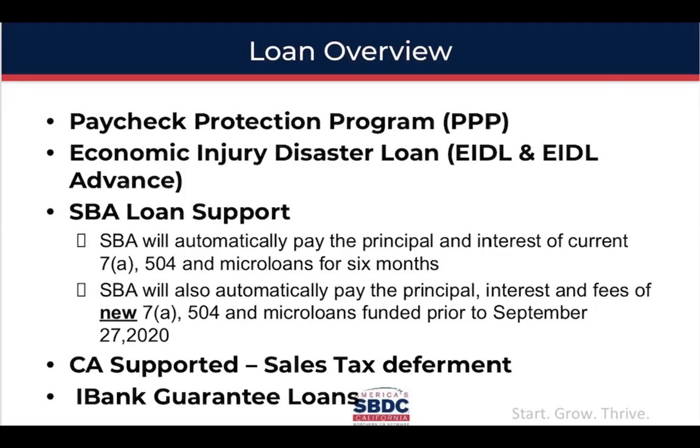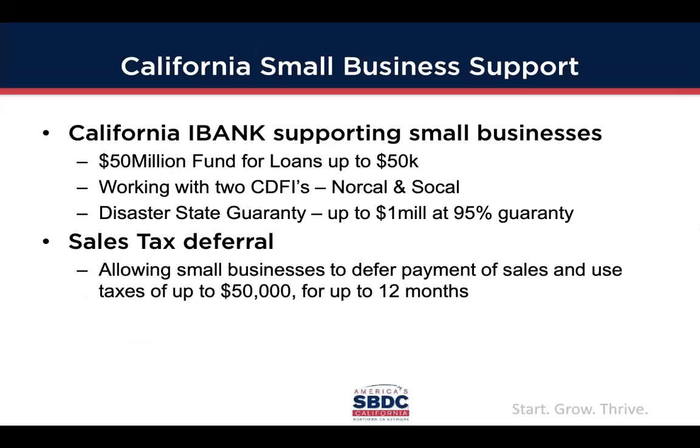Usually regular SBA loans have a fee, right? This one, they're going to waive the fee as well too. But again, it's funded prior to September 27th, and it will take a while for funding, so don't apply in the last minute, okay?